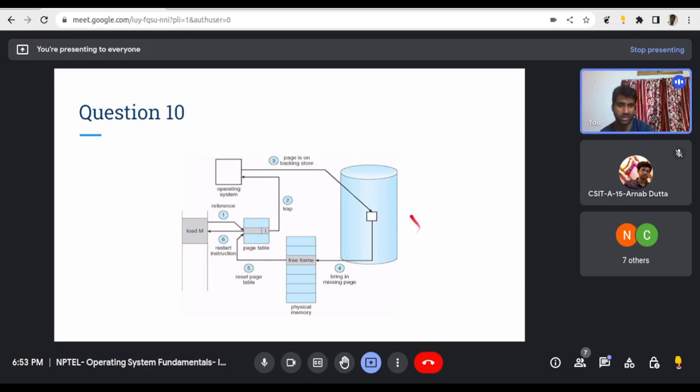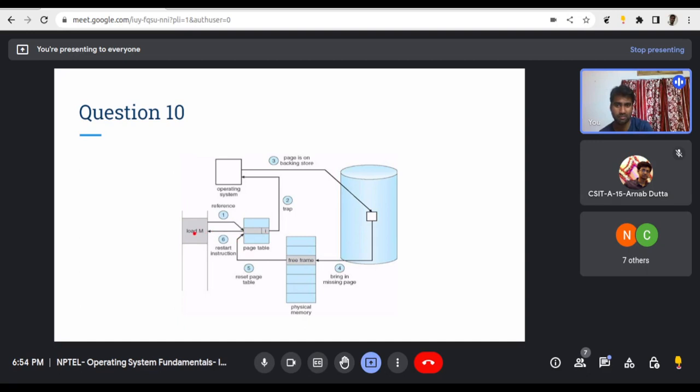This is the complete secondary memory. It brings that page into the main memory, into a free frame of the physical main memory, and then that entry needs to be updated in the page table. That is done, and then we restart the instruction.